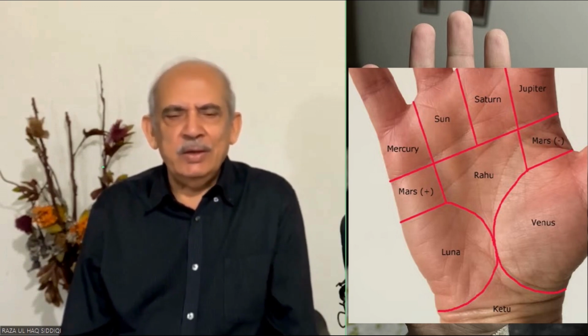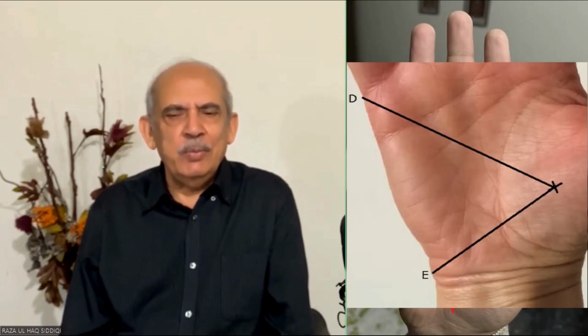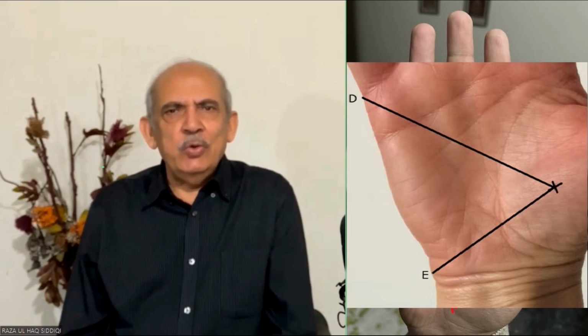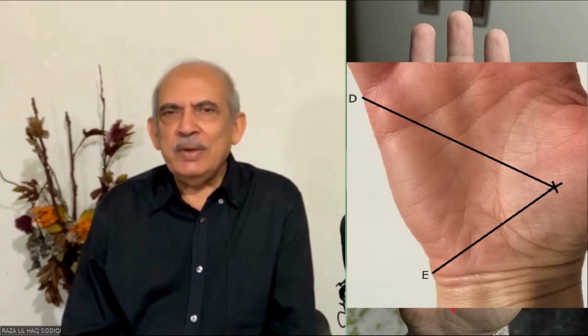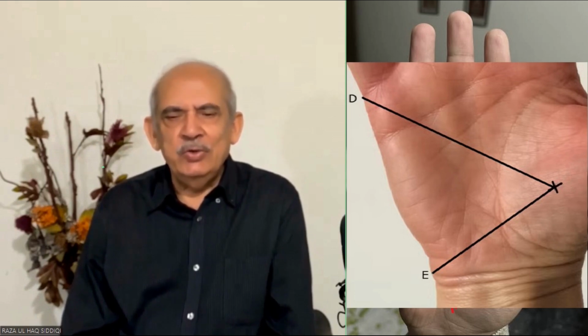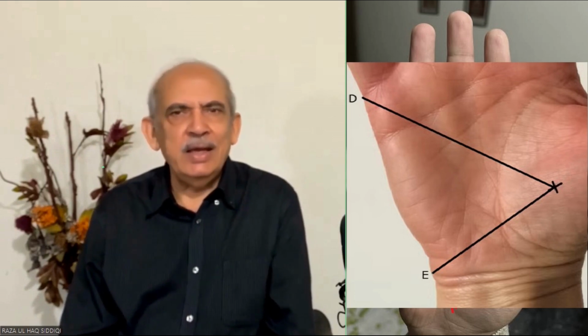And from this point, we are going to extend a line to point D. You remember point D was the one where the baby finger was meeting the rest of the palm. And then we are going to look for another point, which is going to be the place where the palm is meeting the wrist. And we are going to call this point E. So from the point in the middle of Venus, we have an angle there. So we are going to look for the bisecting line and draw this line in the middle of this angle.